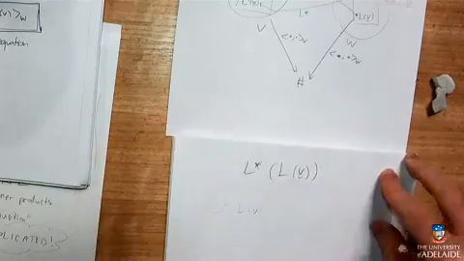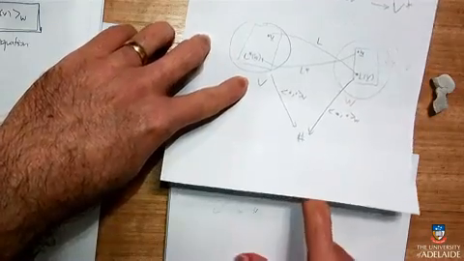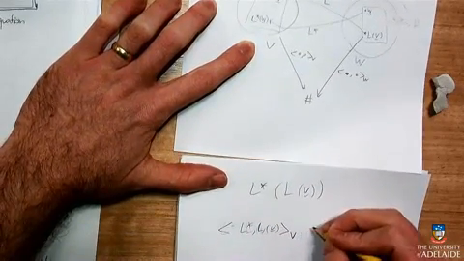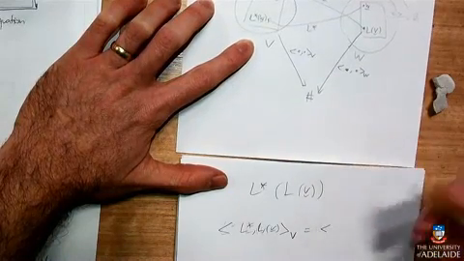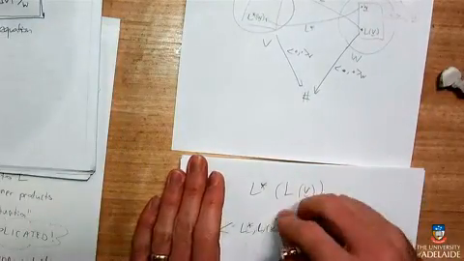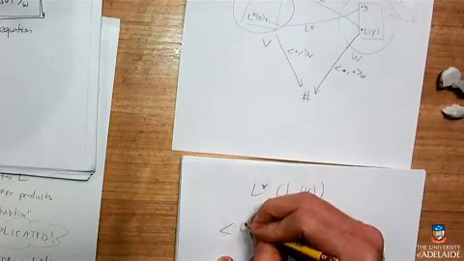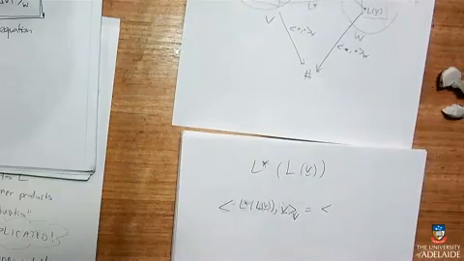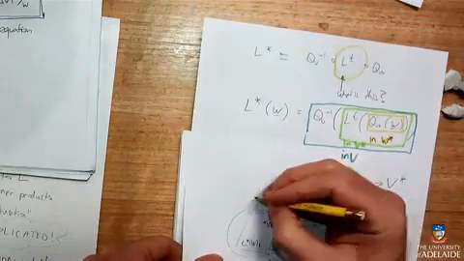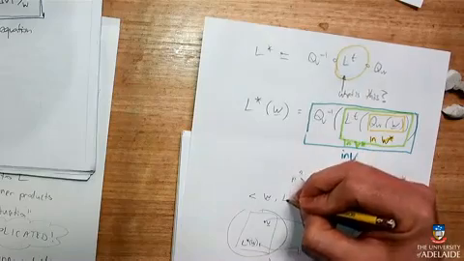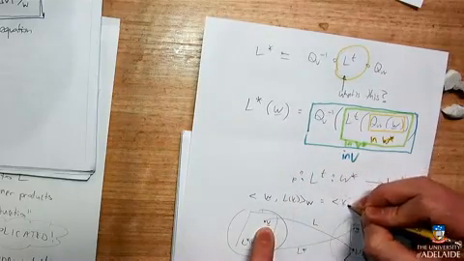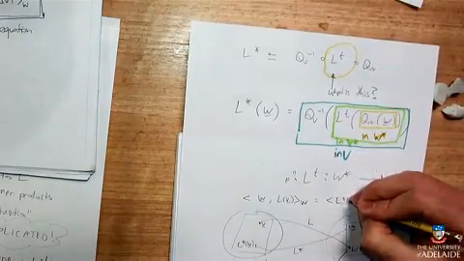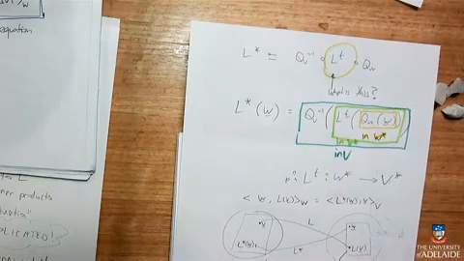L star of L of V is a thing over here in V. And it would have the property that the inner product of L star of L of V and V itself back in big V, according to that rule that I forgot to write down on the paper, which says that the inner product of W and L of V in W is the inner product of L star of W and V in V. I've written them backwards, I'm sorry.